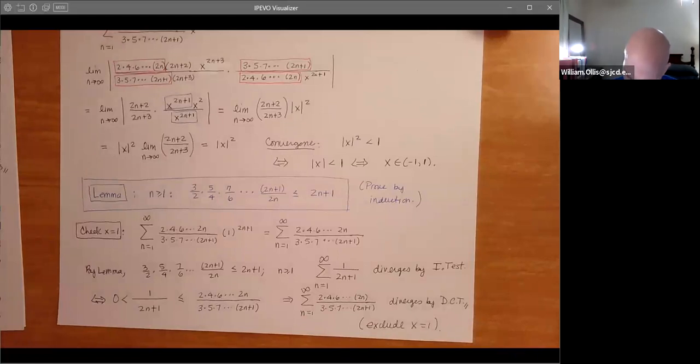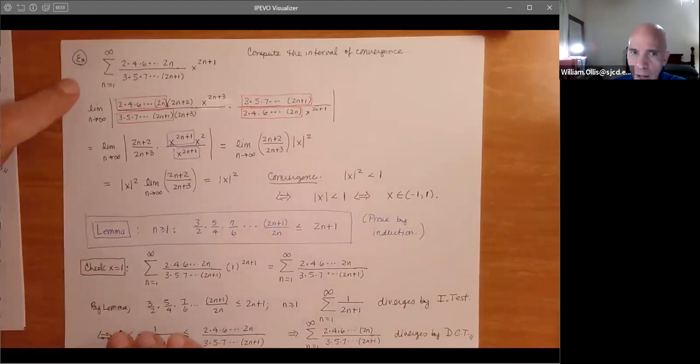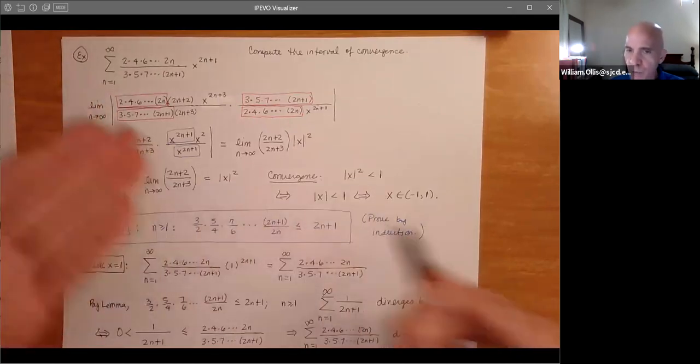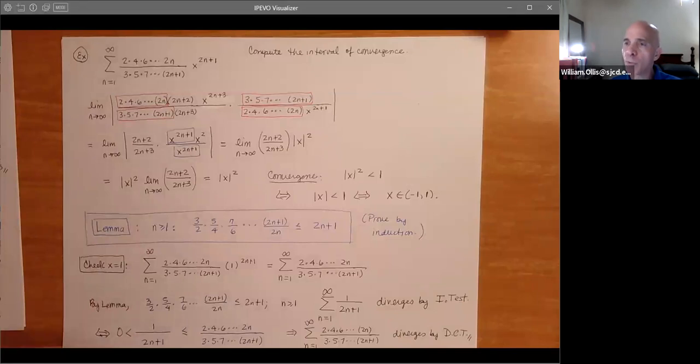Again, you look at this and say, when you've got these finite products, the ratio test knocks everything out. That's easy peasy. Very simple. But when you're checking the endpoints, you don't have the luxury of working with something that's going to give you what you need.